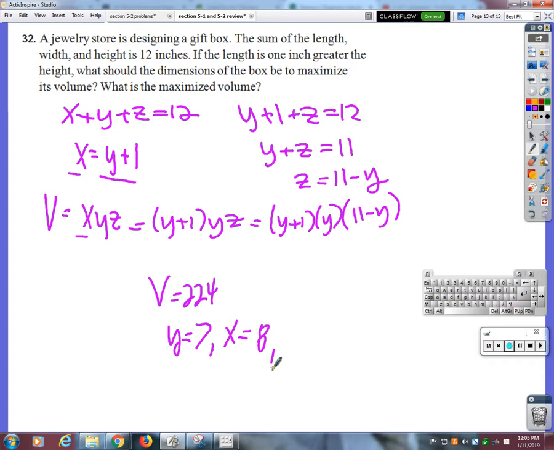What's z? Not quite. It's 11 minus 7, which is 4. If you guys think 11 minus 7 is 5, you should pay better attention. Yep, that's all we got.